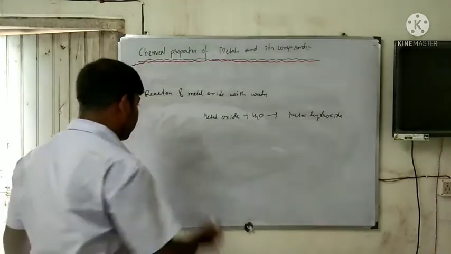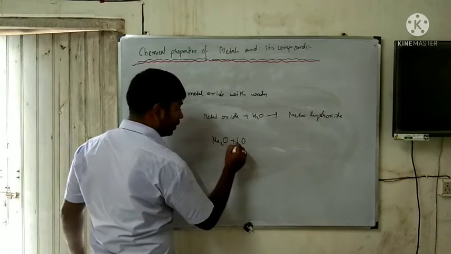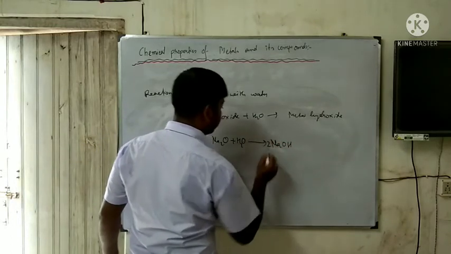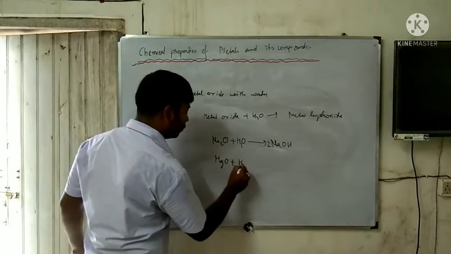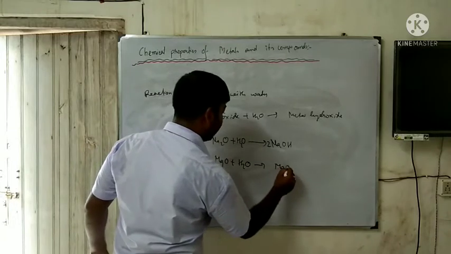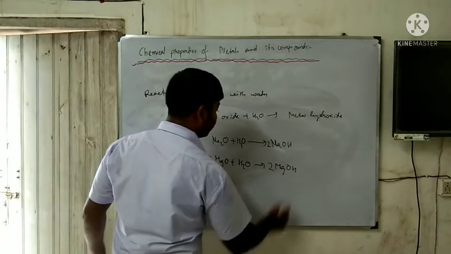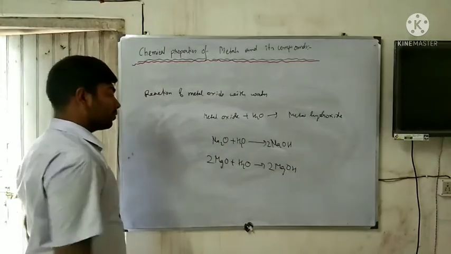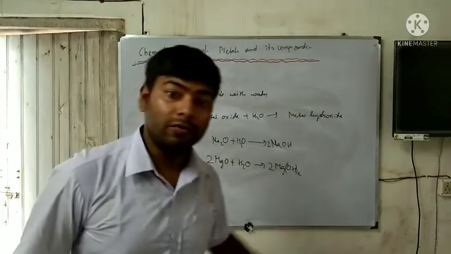For example, sodium oxide plus water produces sodium hydroxide. Similarly, suppose MgO plus water, it produces Mg(OH)2. It is 2 OH, because the valency of my magnesium is 2.